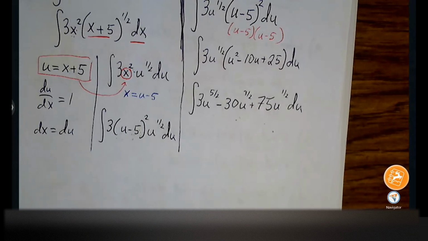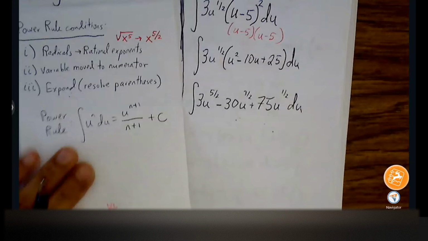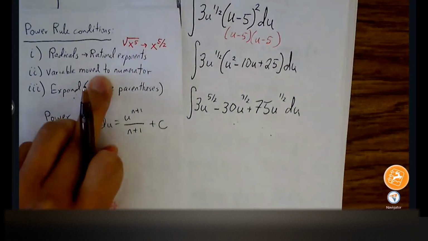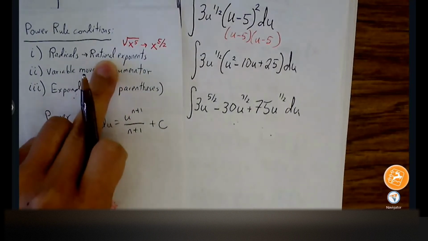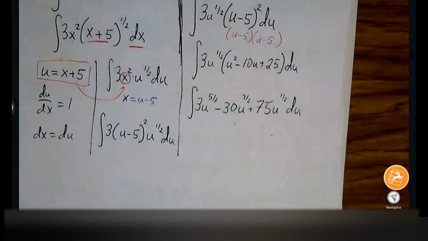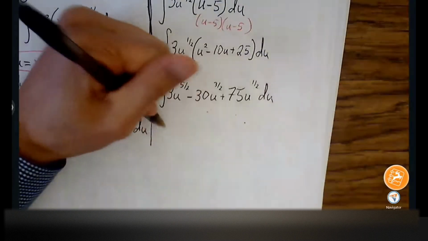Yeah. Everything is nice and clean, right? No issues, no denominator, no variable, no parentheses, no radicals. So now we can do power rule.